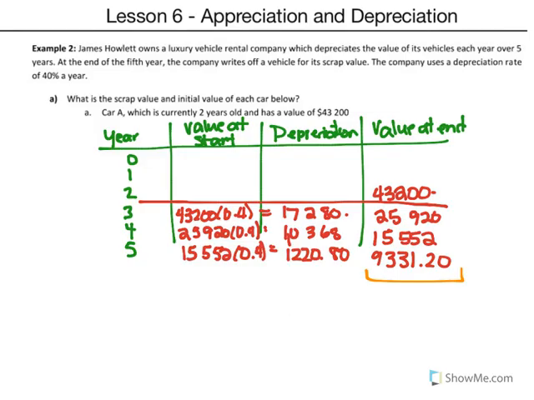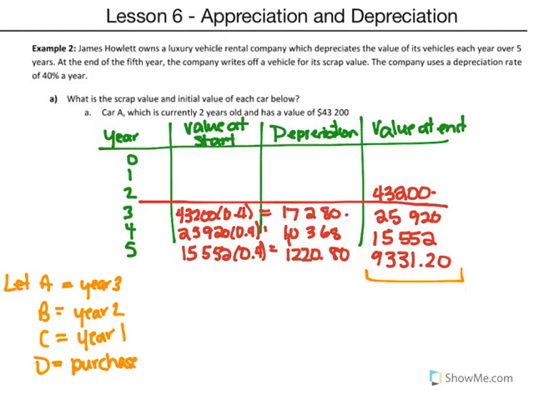We also want to figure out how much that car was initially worth. So we're just going to figure some things out. So we're going to let A be equal to year 3, how much the car was worth at year 3. We're going to let B be equal to year 2, and we're going to let C be equal to year 1, and we're going to let D be equal to the purchase price.